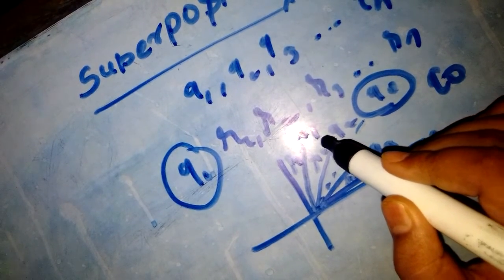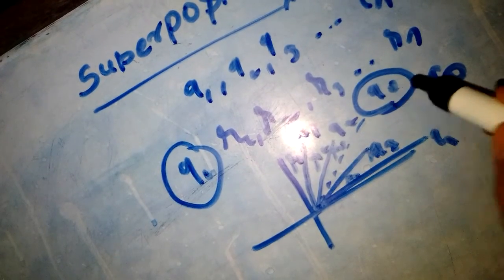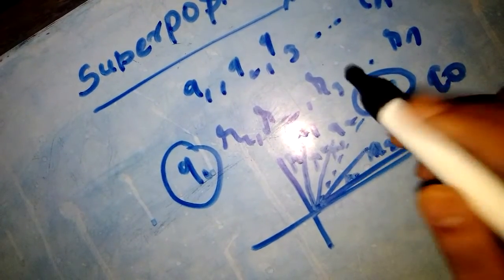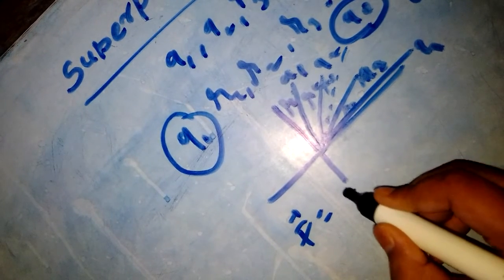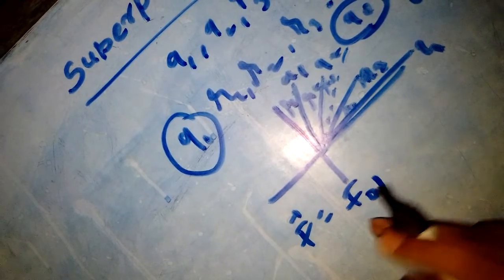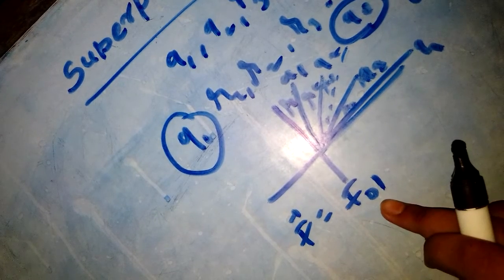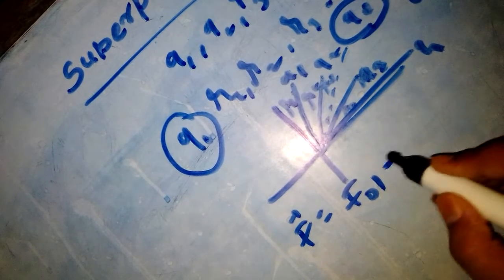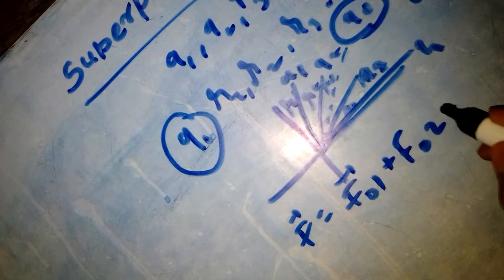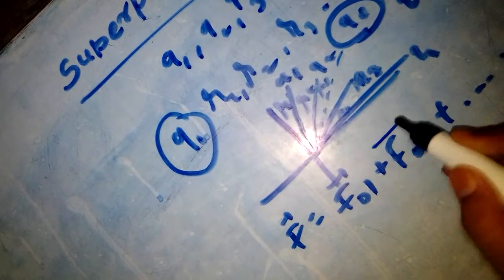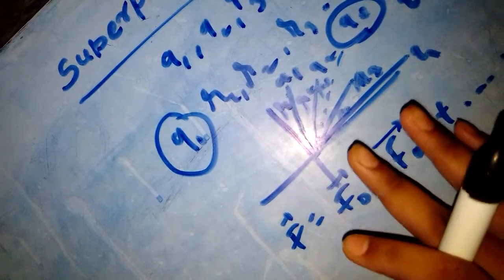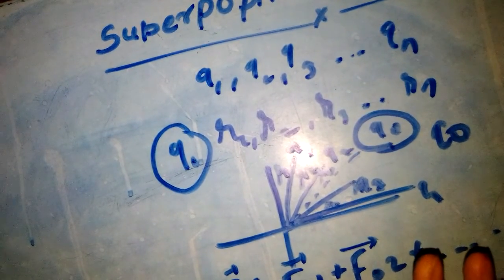So we could say that the total force F0 is the force on Q0 due to Q1, plus and so on. That will be a vector sum. So this concludes the superposition of forces.